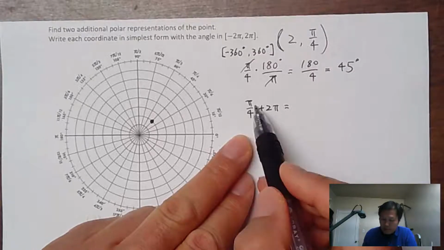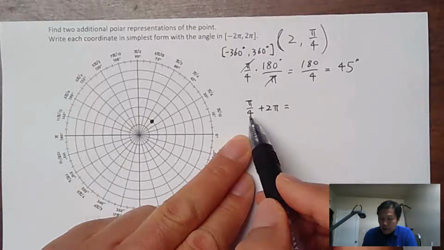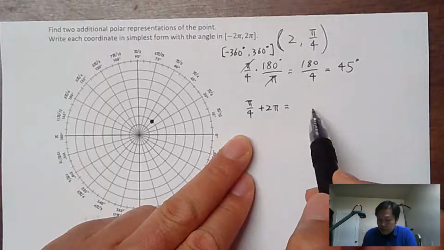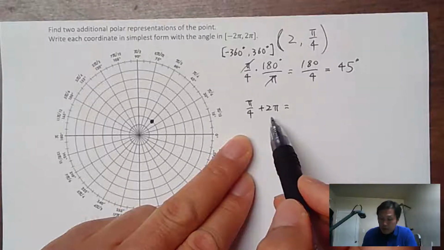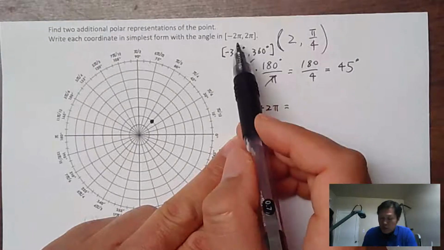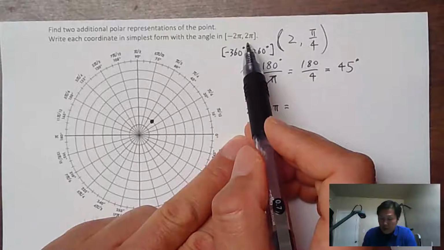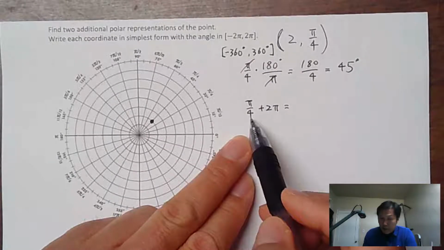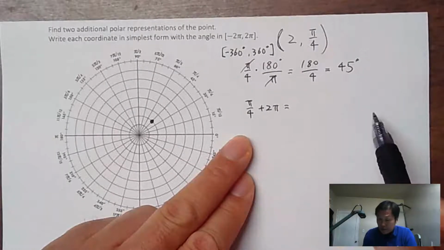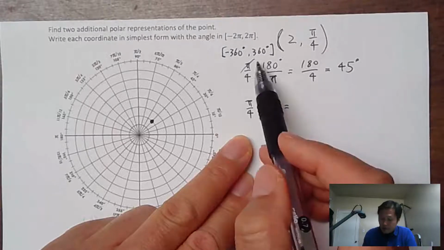Because this is pi fourth, and I'm adding 2 pi on it, so the answer will be more than 2 pi. So I already know this is not a good one. Why? Because we want the angle not to be greater than 2 pi.